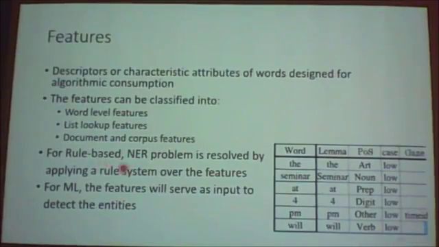For rule-based methods, the NER problem is resolved by applying a rule system over these collected features. For machine learning, the features serve as the input to infer the entities.